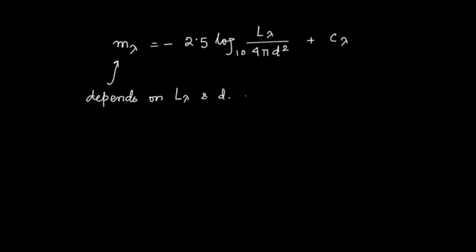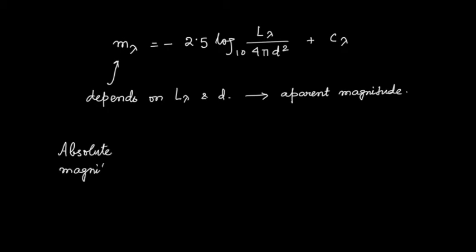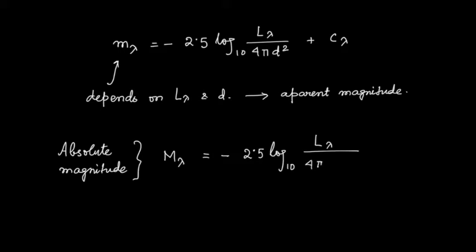So this is called apparent magnitude. So we defined an absolute magnitude for the stars, which I call with capital M. This is nothing but the apparent magnitude of the star if the star is at 10 parsec away.